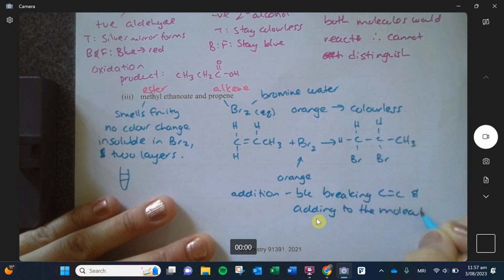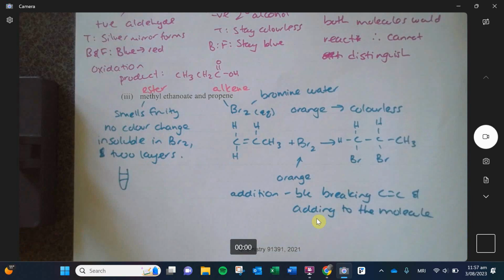Thus, the name addition. And that's how I distinguish between everybody. Like I said, this is the exam question I got last year, and it's not too bad.